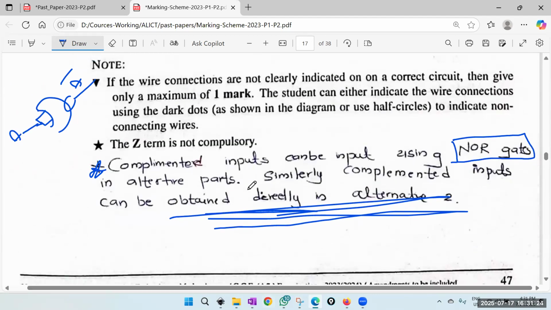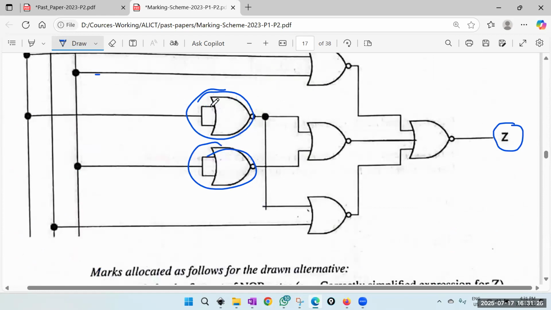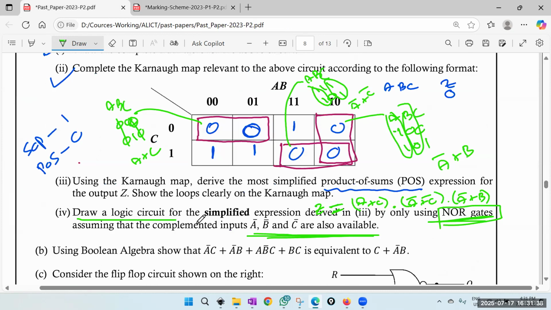So that means either you create your no gates, create your negations, or you just assume that this is your A bar, this is C bar, and so on, rather than using a gate, because the examiner has mentioned that these are available, right? Assuming that the complemented inputs A bar, B bar, C bar are also available.